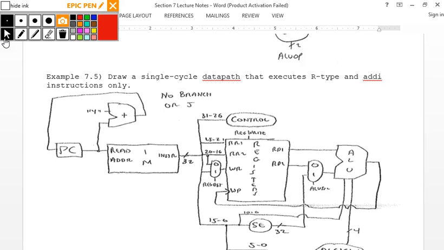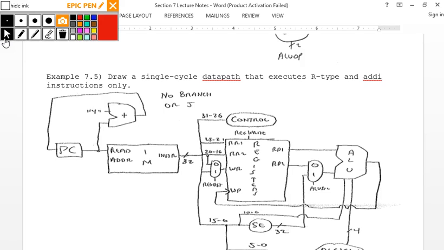Now here we have the control signal register destination because for R type, we have to write to 15 to 11, right? And so what are we writing for add I? I type instruction. How do I tell what part of the instruction indicates what register I'm writing to? 20 to 16, correct? So this portion here goes into the register destination multiplexer, goes into write register.